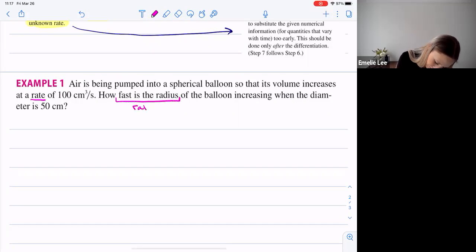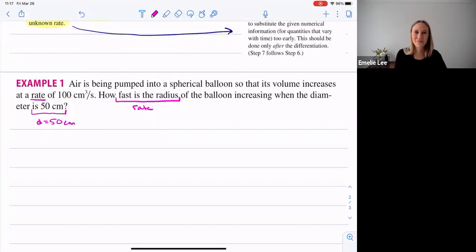So we're looking for the rate of change of the radius. Here we're also given that the diameter is 50 centimeters. 5 centimeters is tiny.